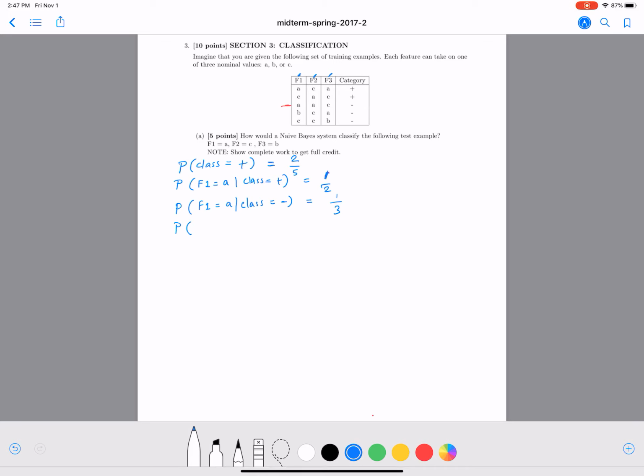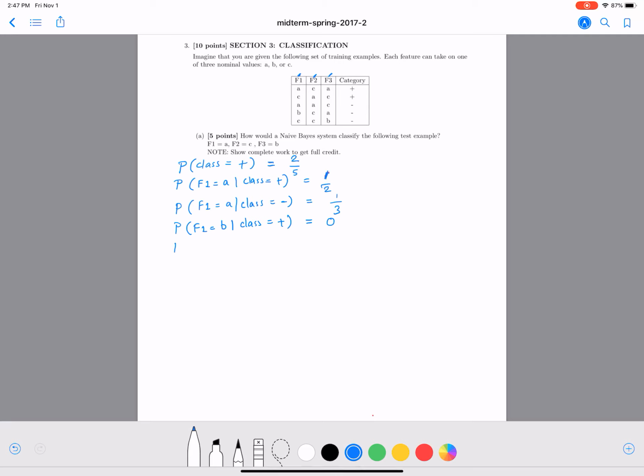Probability of feature 1 is equal to B, class equal to plus. There are no B's where class is plus. There is only one B, but the class is minus. So we get 0.